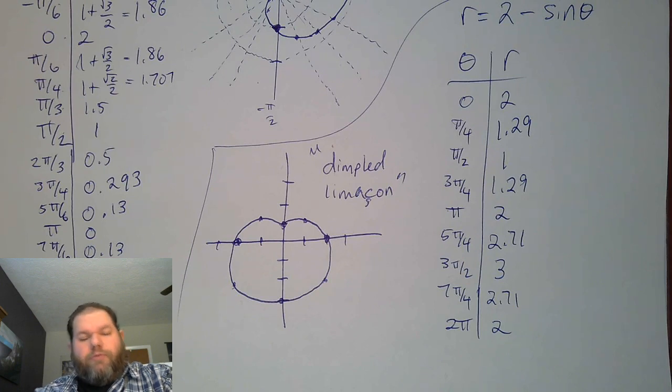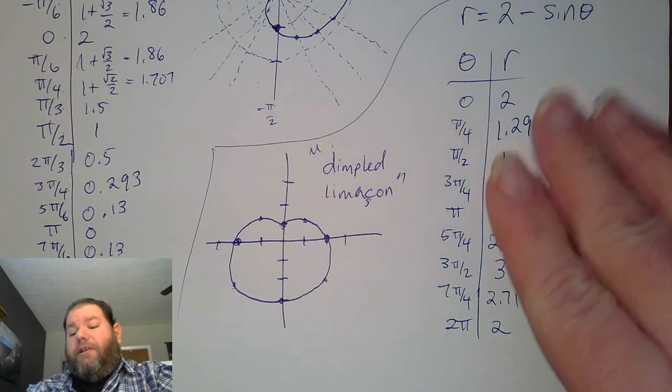I actually want to graph one more by hand because it's a fascinating graph. And then we'll go to the computer to graph these, and then we'll look at areas, which is another adventure entirely.